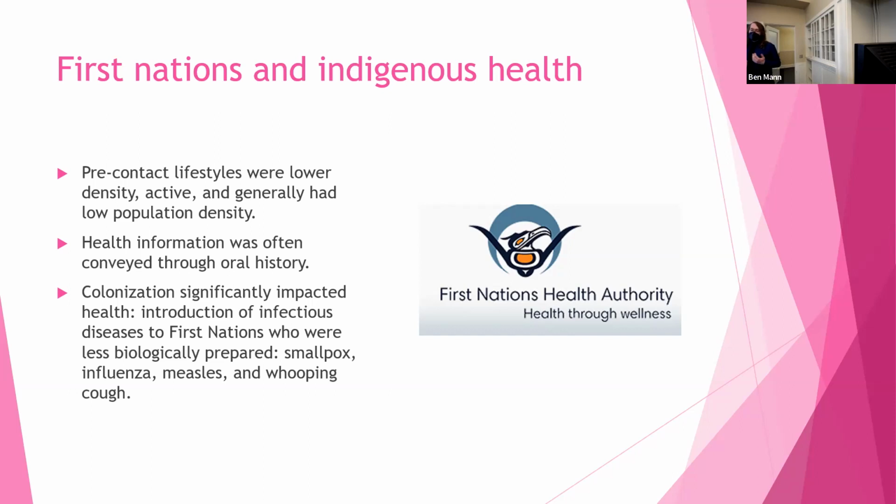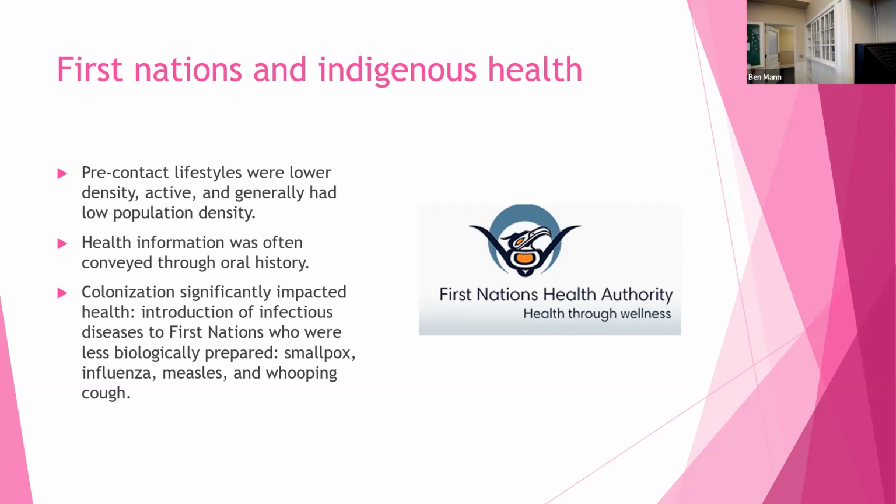But there were some unique factors that were happening at the time, right? Prior to exposure and colonization, many Indigenous and First Nation peoples had a fairly lower population density, which meant things like diseases did not spread as rapidly. It also came with very active populations.